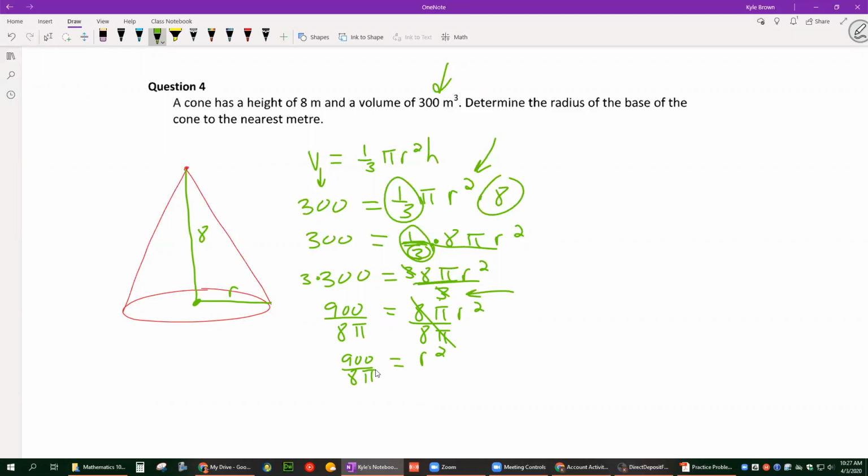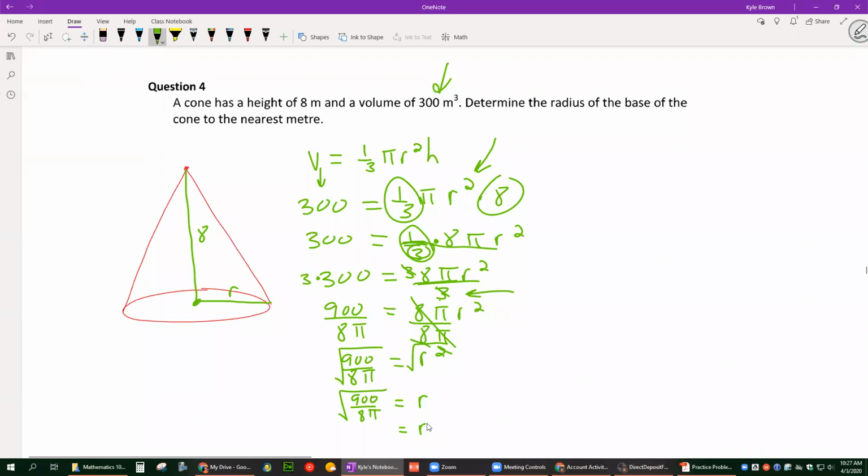So now what's the very last step? I got r squared is equal to all that stuff. How do I get rid of that squared? You would square root it. You square root it, right? Yeah. So I'm going to square root both sides. Because the square cancels with the square root, r is equal to the square root of 900 over 8 pi.